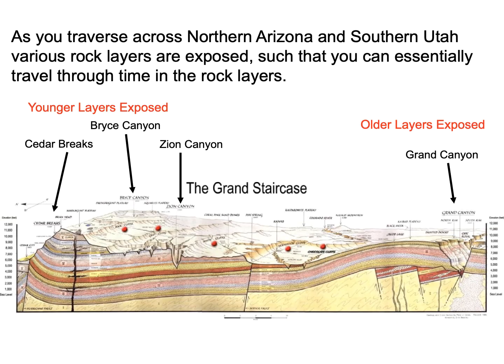And in each one of these regions, Cedar Breaks and then Bryce Canyon, Zion Canyon, and the Grand Canyon, because the rivers through those areas have dug down into the strata, you can, from the top to the bottom of each one of those canyons, examine different times from the past.